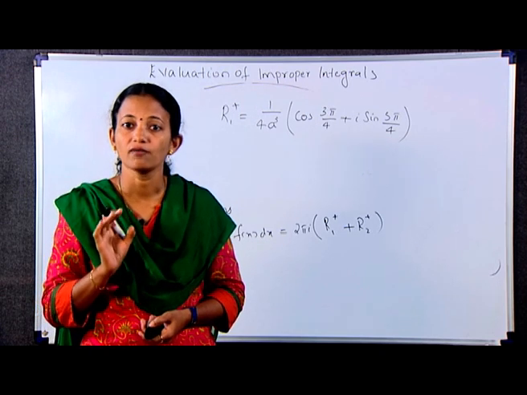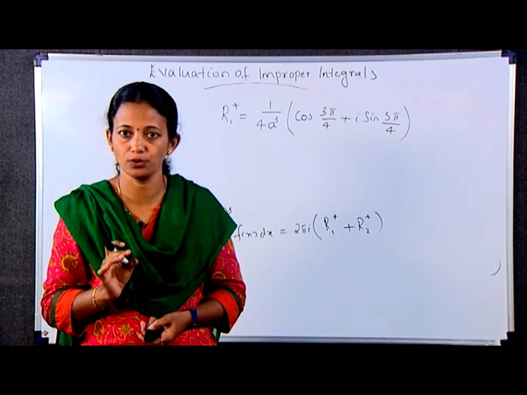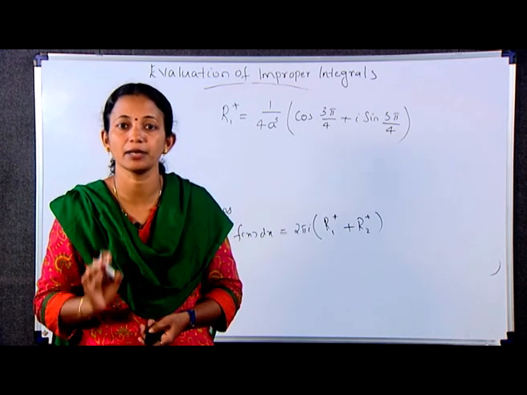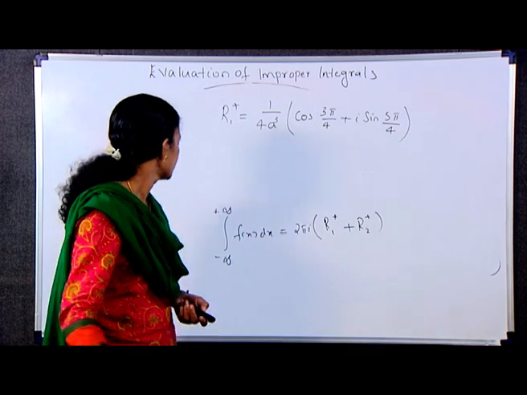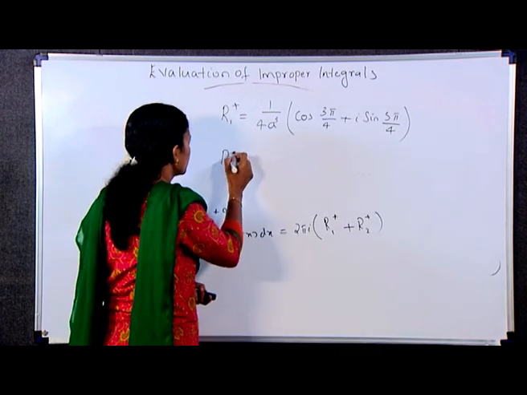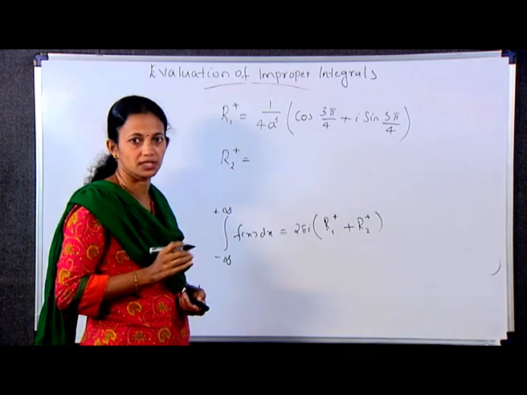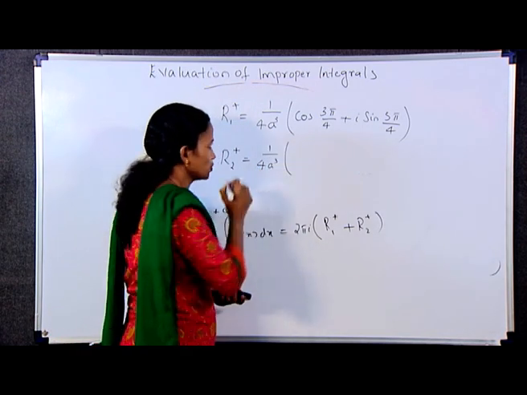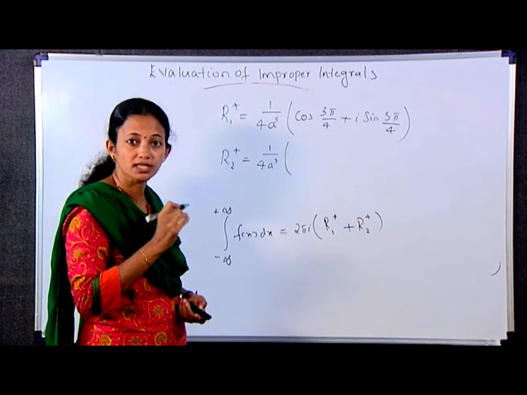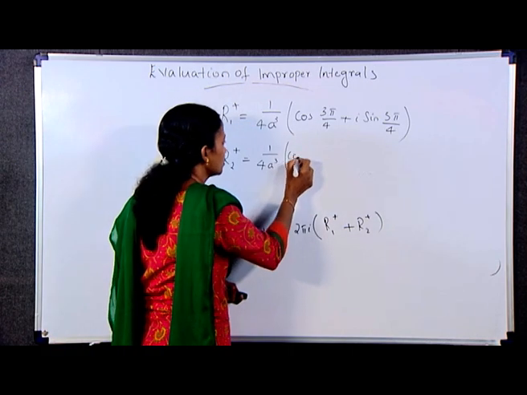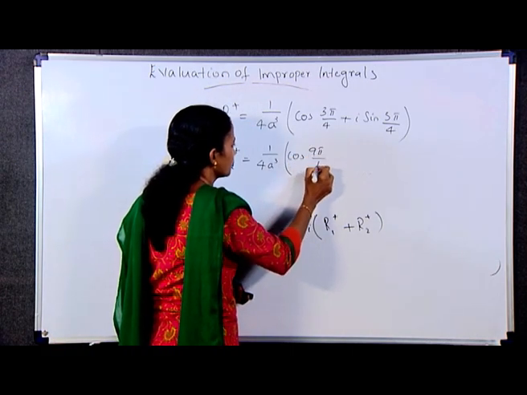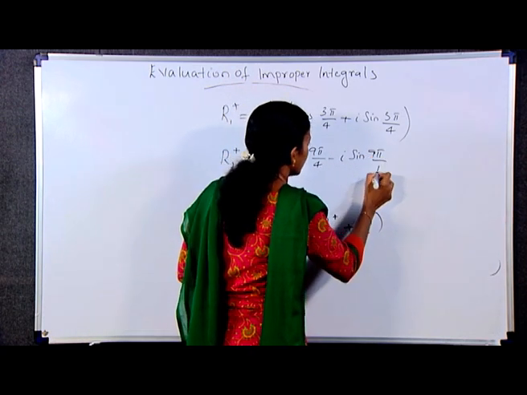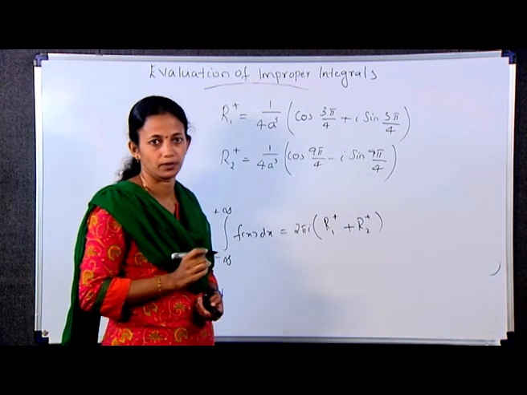That is equal to 1 by 4a cube into cos 9 pi by 4 minus i sin 9 pi by 4.